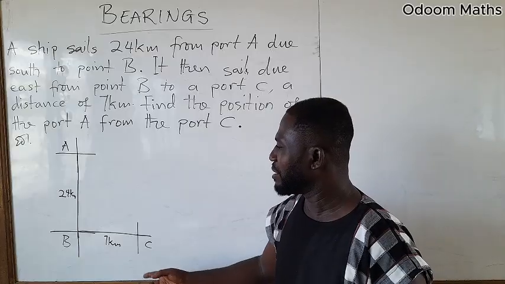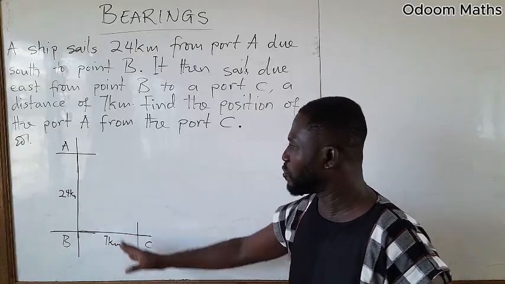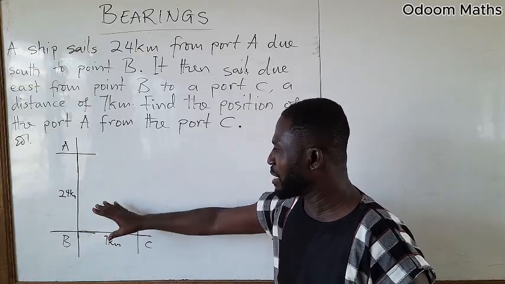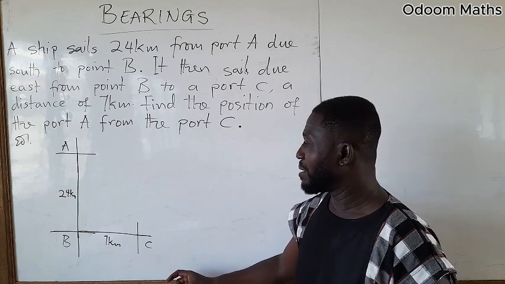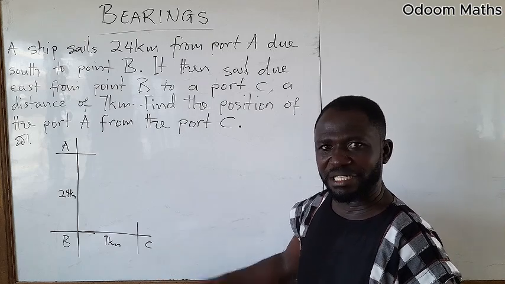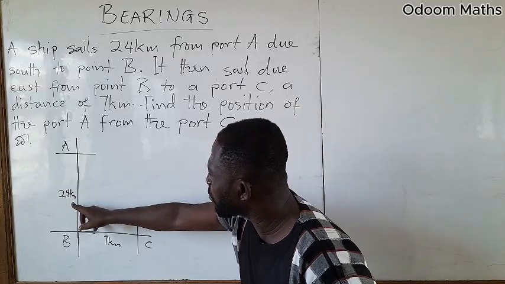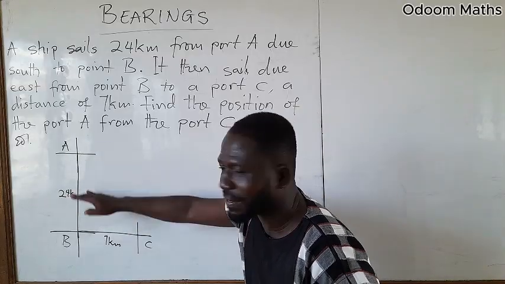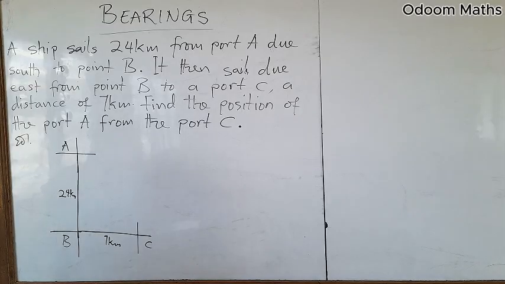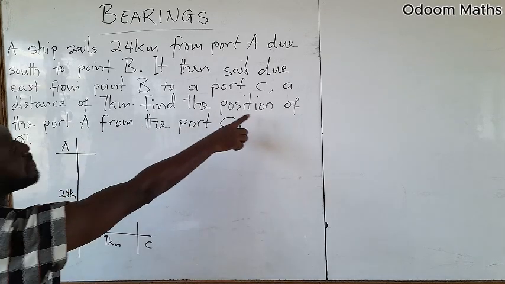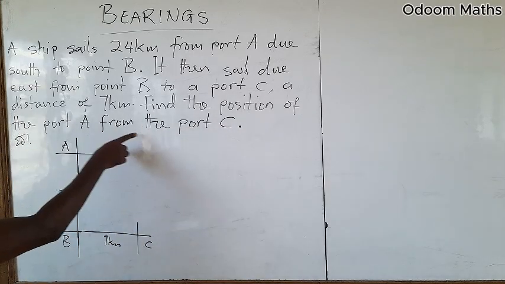We cannot say 24 and 7 are the same. So we make it in a way that somebody marking our answer will get the original answer, because when the length of this, what I've drawn here, is the same as this one, there will be a problem.